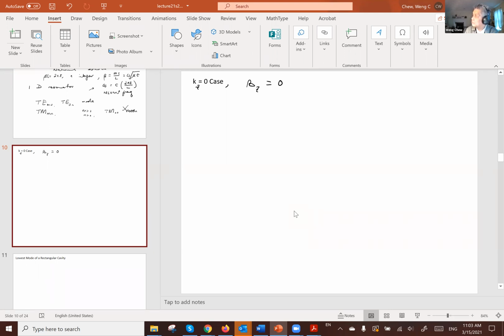Sorry, is this TM or TE? It should be, yeah, it's TE modes, and for TE you can have M and P. You can have P equal to 0, because in that case, what happens then is that you can have TE M and 0 mode possible.